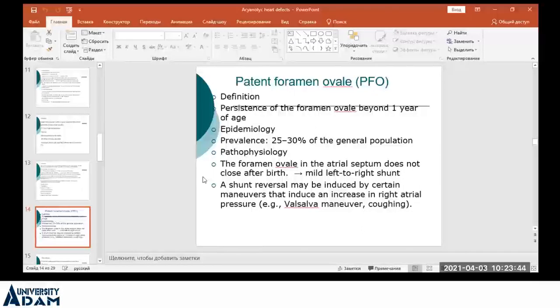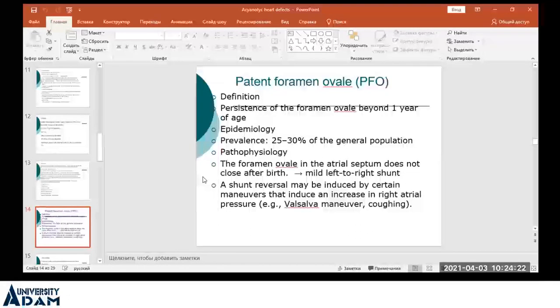Next defect: patent foramen ovale. The persistence of the foramen beyond 1 year of age is a normal variant in 25 to 30% of the general population; the foramen ovale in the atrial septum does not close afterwards.